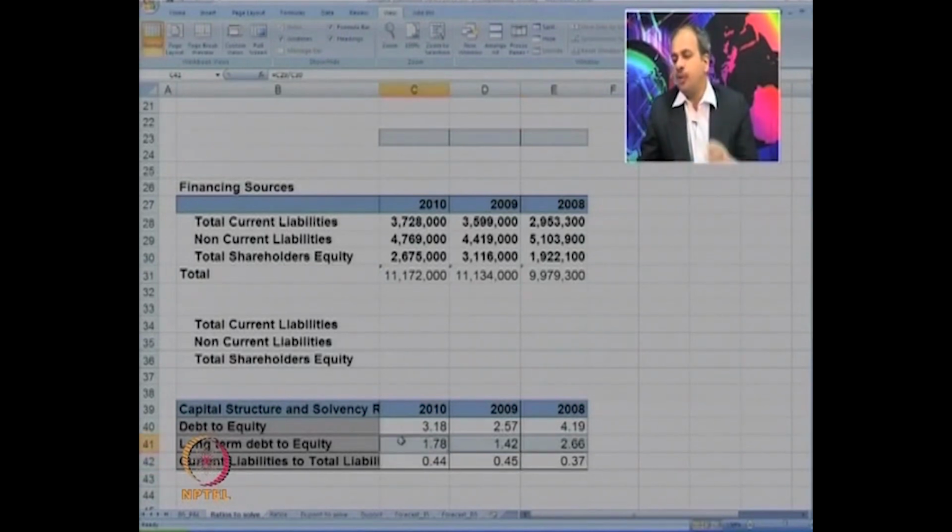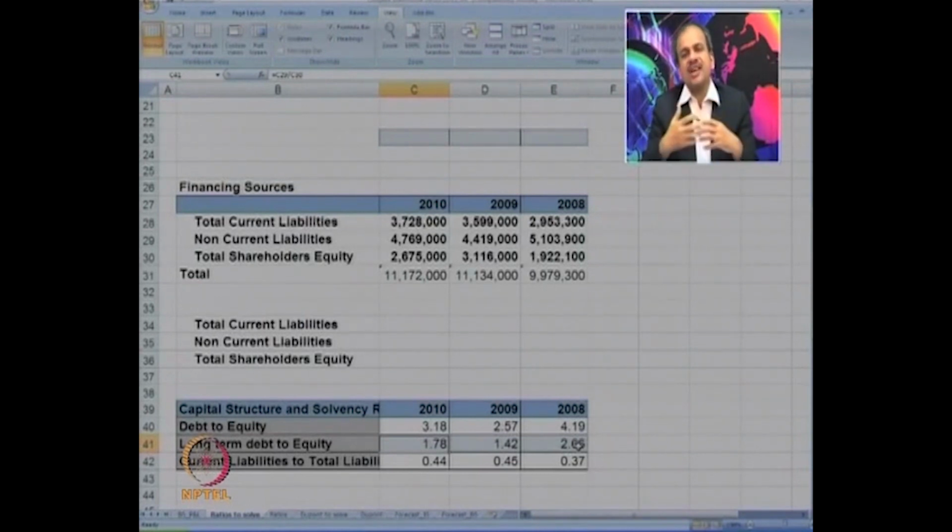Now what happens if the long term debt to equity ratio is high? Should it be high or low? What will you infer? In this case, you can see it has gone down from 2.66 to 1.78. Is it a good sign? The answer is mixed. We can't definitely tell, because if the ratio is high, that means the proportion of debt to equity is high, which puts some pressure on the solvency of the company.